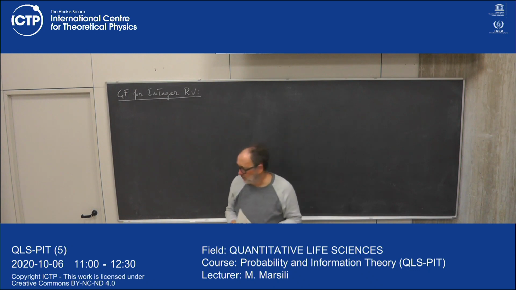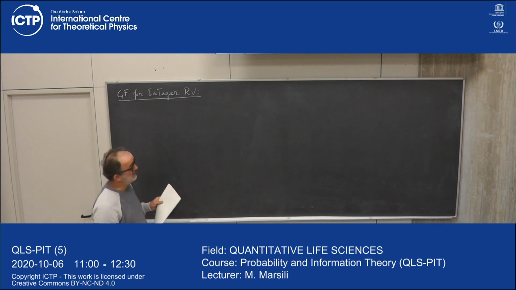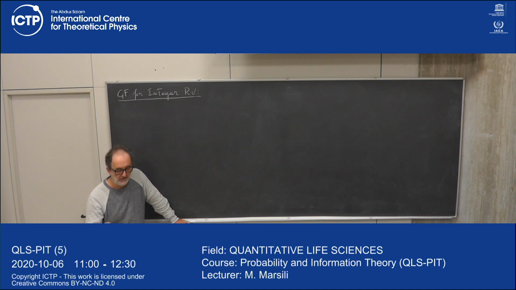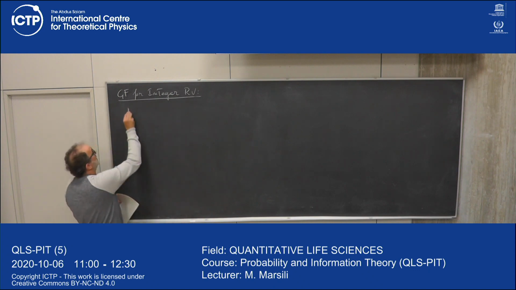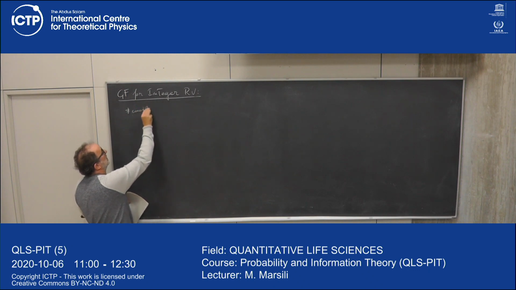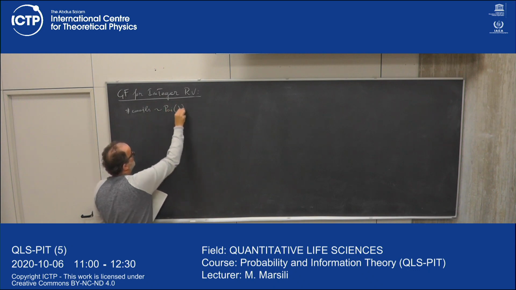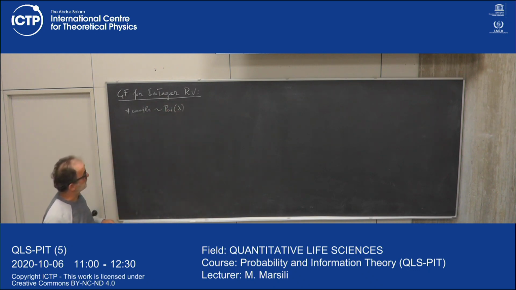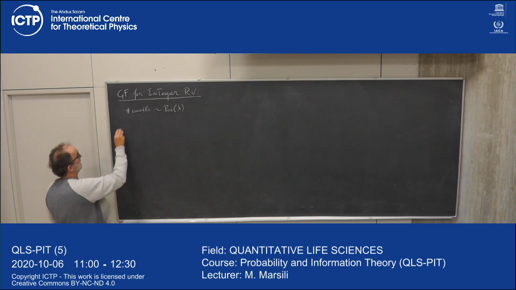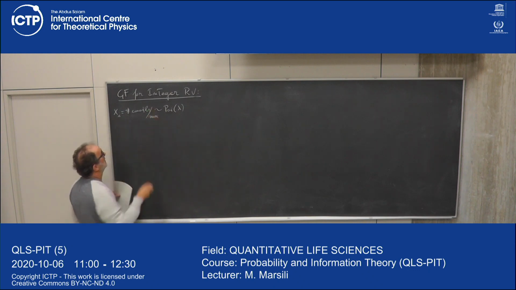So let us try to formalize this problem. This is a problem where we are interested in the number of emails that he receives in any minute, which is a Poisson random variable. Okay?